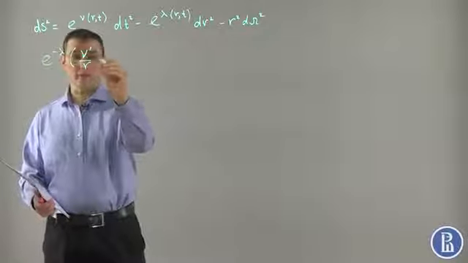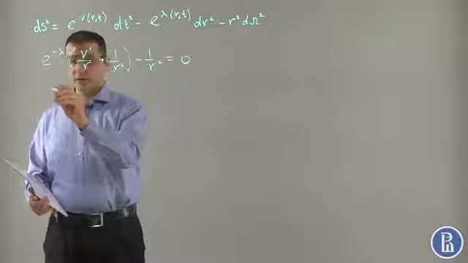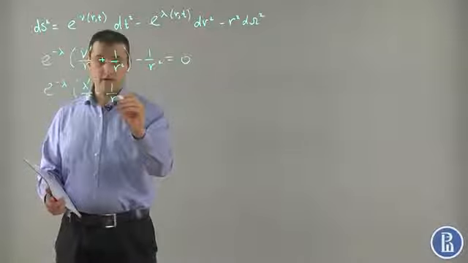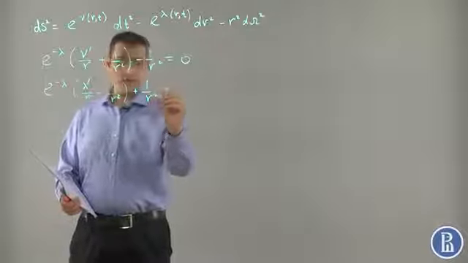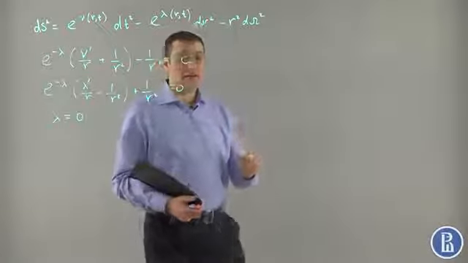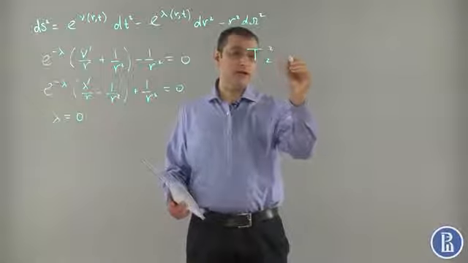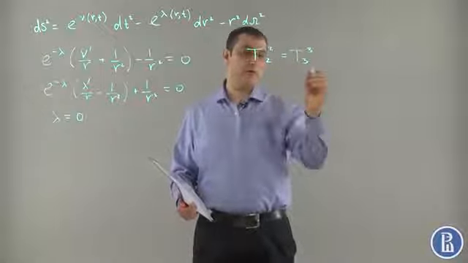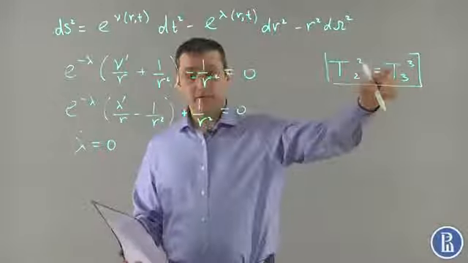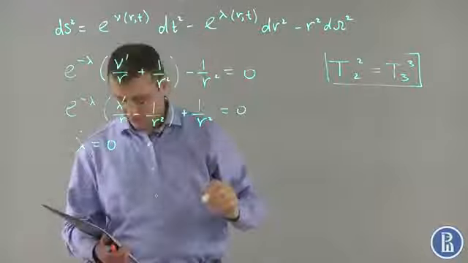Nu prime divided by r plus 1 over r squared minus 1 over r squared equals 0, minus lambda prime divided by r minus 1 over r squared plus 1 over r squared equals 0, and lambda dot equals 0. And I forgot to say that those equations which corresponded to the T22 and T33 components, which were written on the previous version of the blackboard, follow from these ones. So if these are satisfied, those are satisfied also.